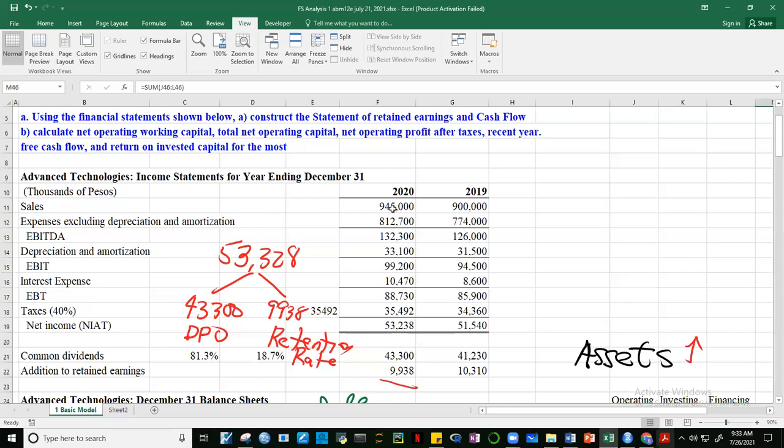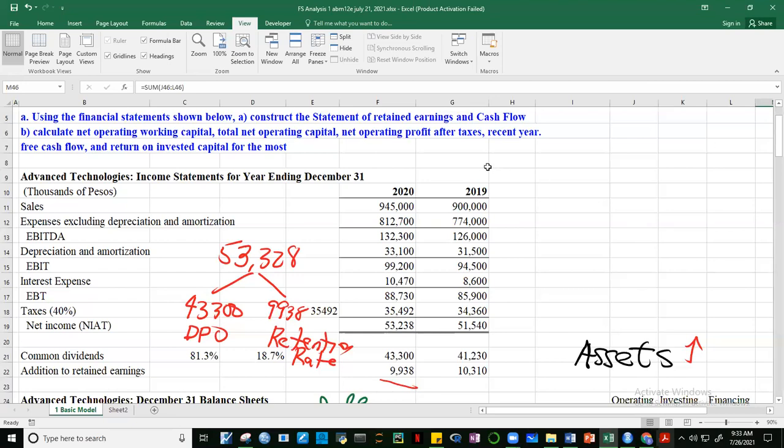Nung kinuha natin net income after tax, nanggaling sa revenues yan. So itong net income after tax na to, sinama natin sales, yung depreciation, kaya nga natin binalik si depreciation. Si interest, okay, si tax, kasama yan. Okay, thank you, Syra, for the answer.